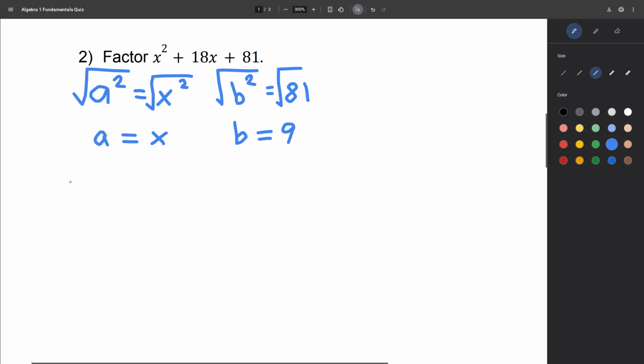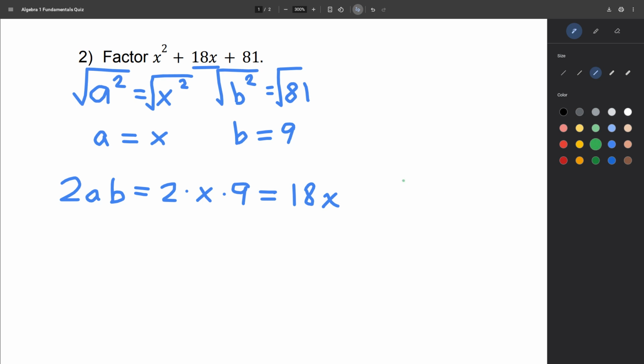Now we want to check. 2ab, does that equal 18x? So 2ab is going to be 2 times x times 9, which is 18x. So yeah, that does check out.